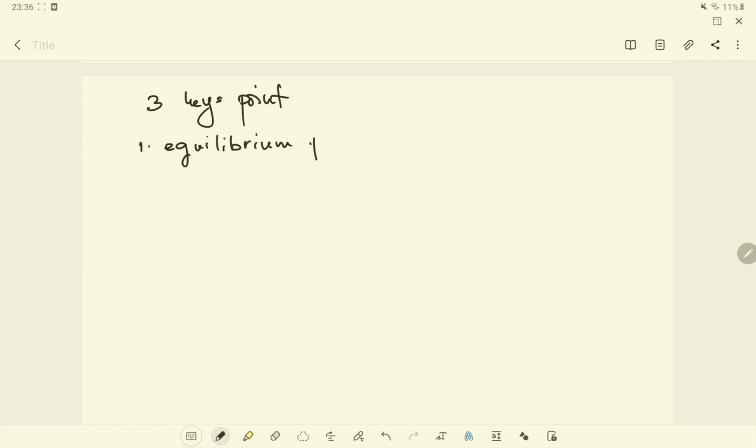The second one is linearization. And the third one is Lyapunov.